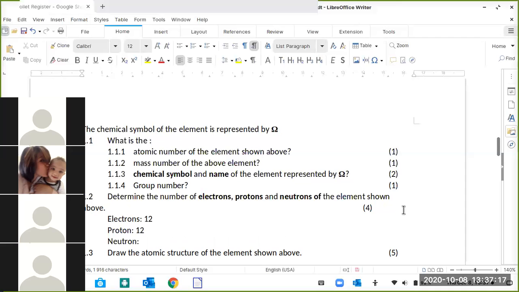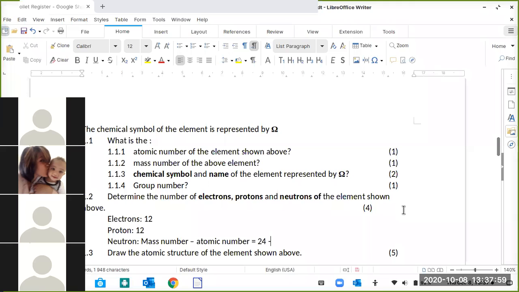Then now, how do we find the number of neutrons? So it's mass number minus atomic number. So in this case, the mass number is equal to 24.